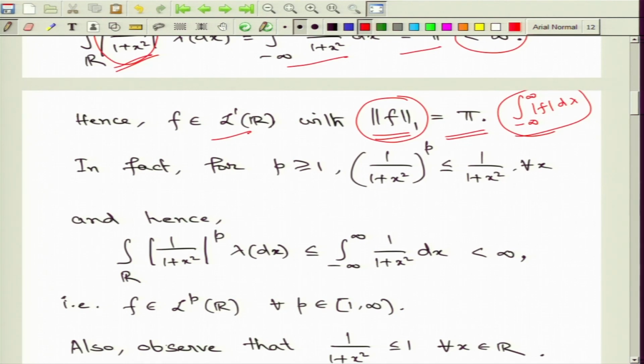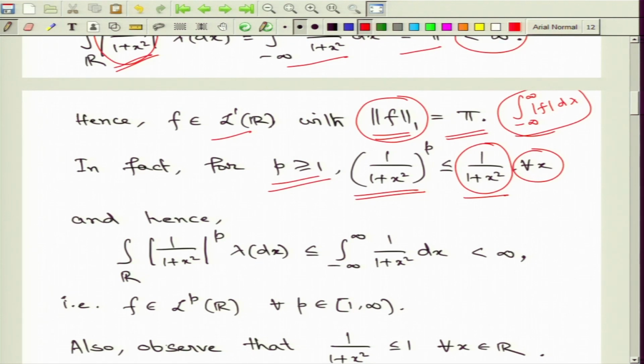Moreover, we observe further that if we choose a real number p greater or equal to 1, then 1 by 1 plus x squared is a number less or equal to 1 for all x, and as a consequence, that quantity raised to the power p will be less or equal to 1 by 1 plus x squared.